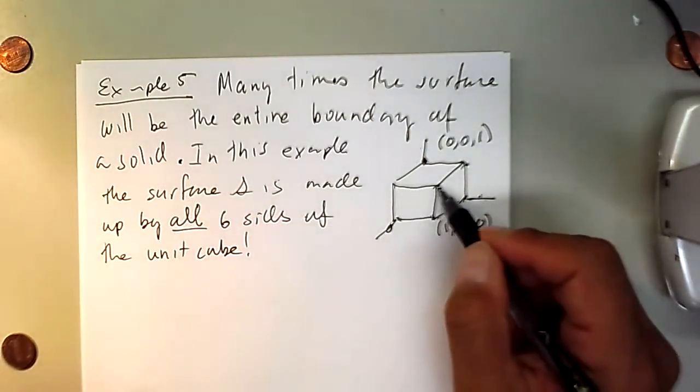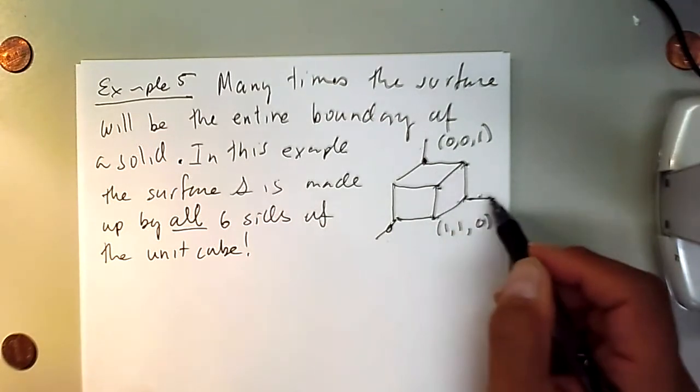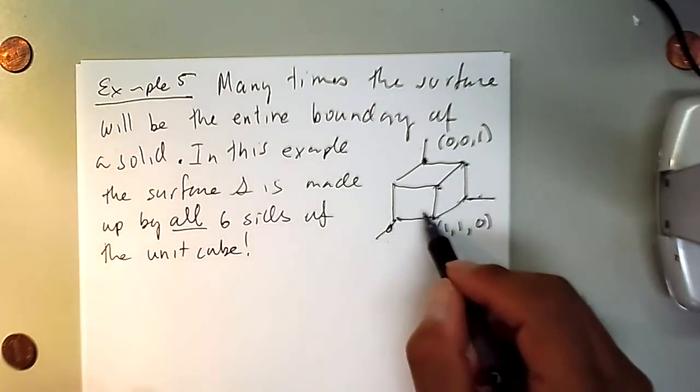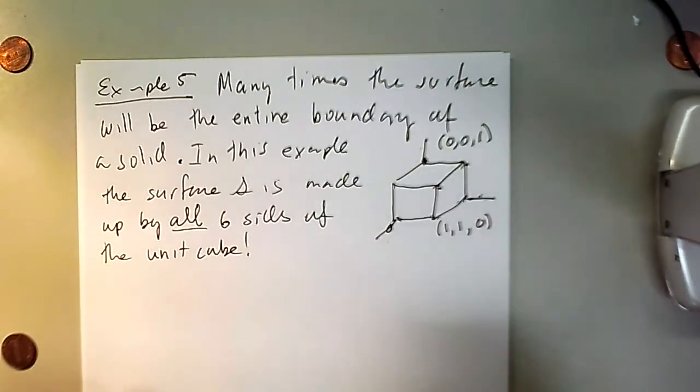So we're going to have a bottom, a top, right side, left side, as we are facing this, front, and back. So there's going to be 6 sides.